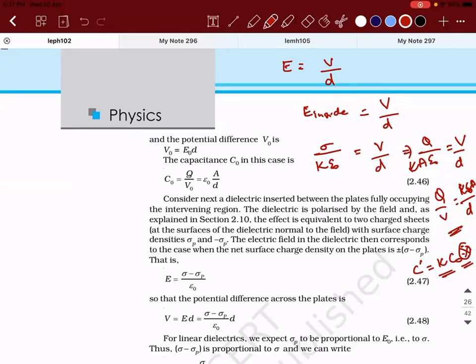Thickness of dielectric means how much space between the plates it is occupying. If the distance between the plates is D, then you have taken a dielectric and completely placed it in that space D. That is the meaning. There is no space left.